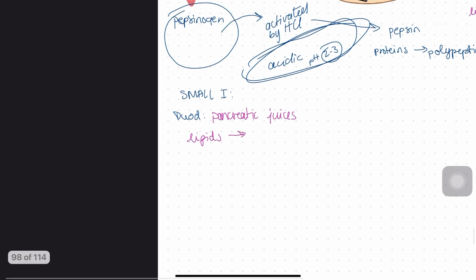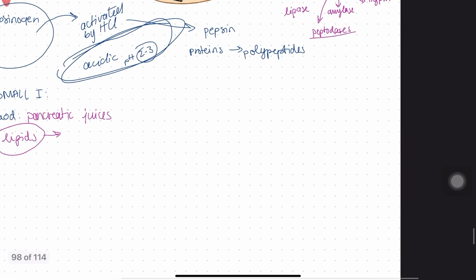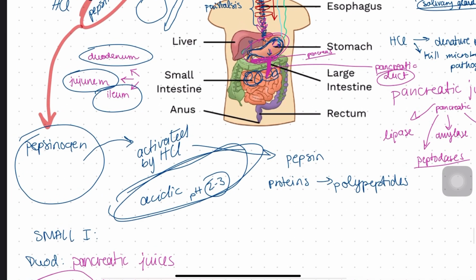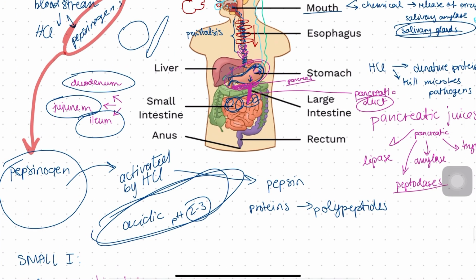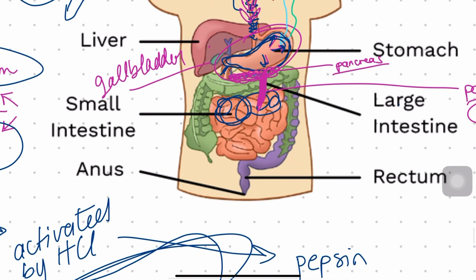But before this step, since we're talking about lipids, it is very important that we also mention that from the liver and from the gallbladder, which they didn't label, we are also going to have bile.